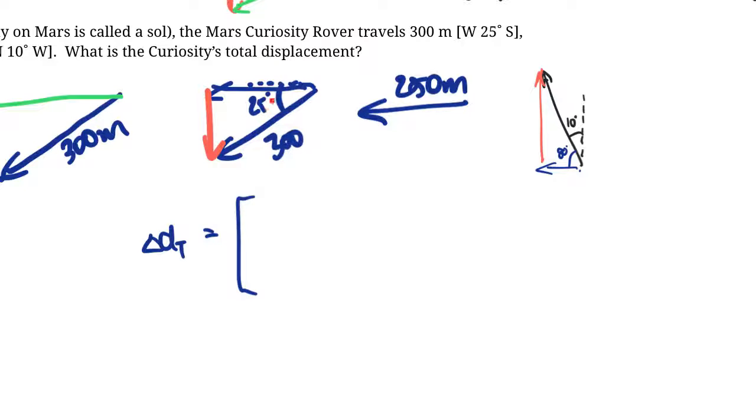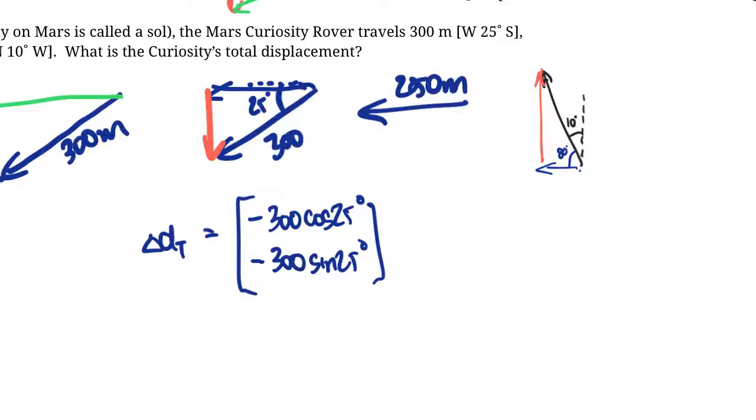It's going to be 300 cosine 25. And the other thing to keep in mind is it's going to be negative, right? Because it's to the left or to the west. So I'm just going to write in here the component as negative 300 cos 25. The y component goes down, so it's also negative, and it's negative 300 sine 25.